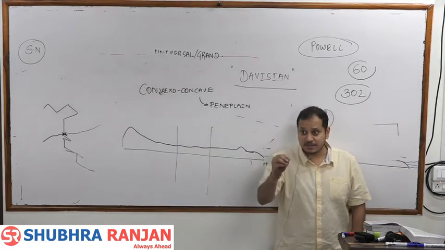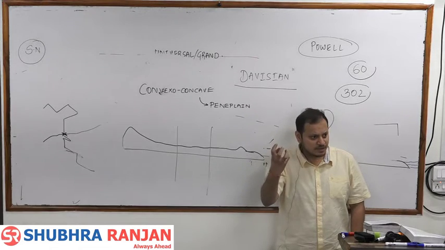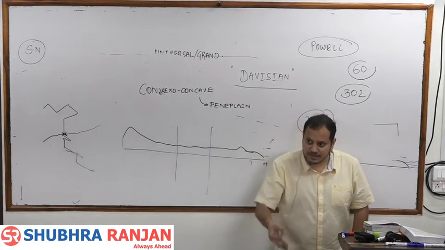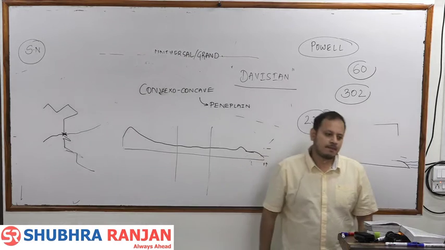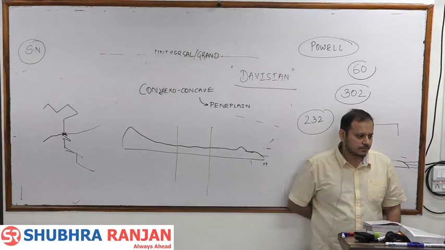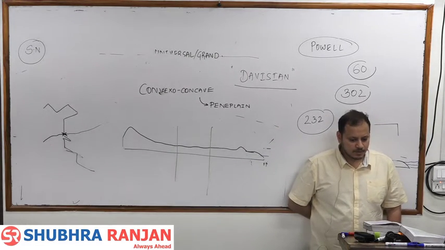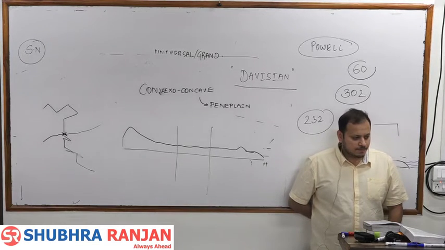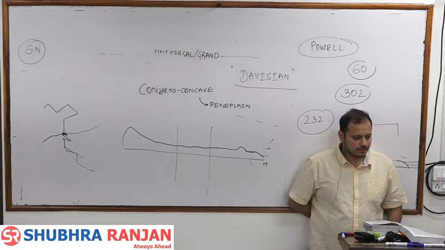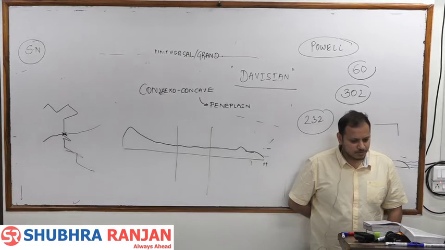Fine? So these are some of the basic concepts. ये सब किस में आता है? This is in the structure. How is the structure of the rocks? Then the next thing is process. Process includes both endogenetic and exogenetic forces.